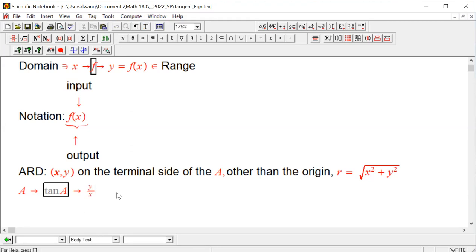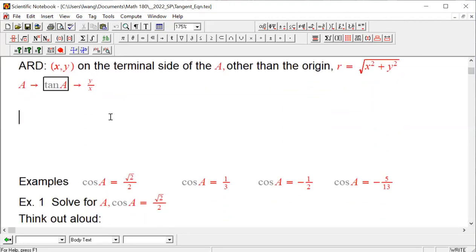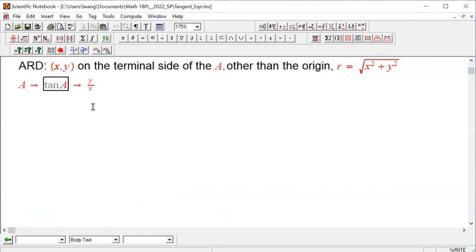Okay, so let's talk about the domain and range for tangent. Domain, it's all real numbers, but A cannot be odd number multiples of pi over 2. And the range is all real numbers, negative infinity to positive infinity.